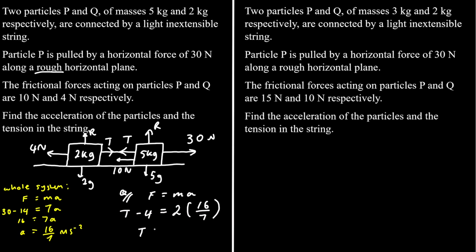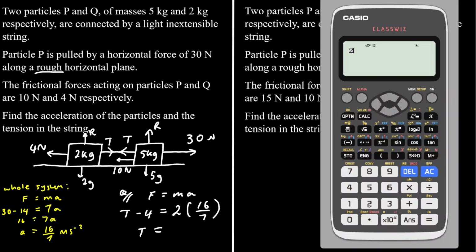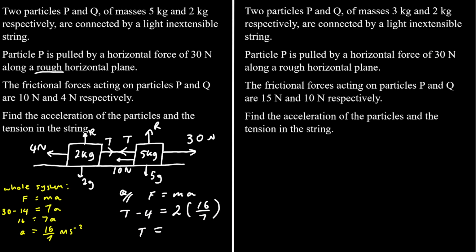So we can get tension by itself by doing 2 times 16 over 7 plus 4. 2 times 16 over 7 plus 4 is 60 over 7. So the tension is 60 over 7 newtons.